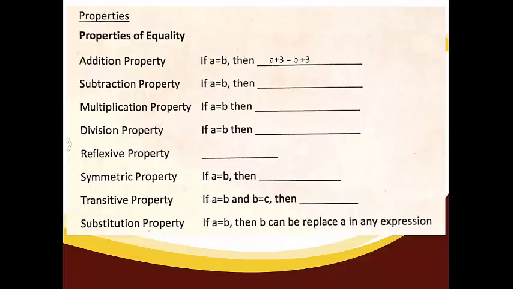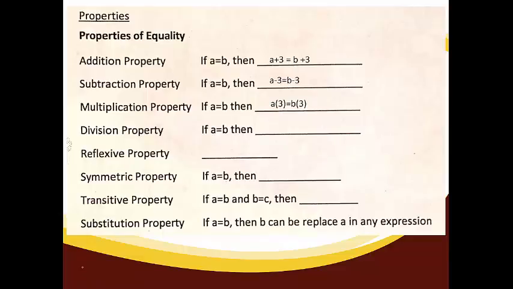So that we can kind of visualize what's going to happen with the other properties here. So subtraction property is the same idea, except it says if you subtract from one side, you must subtract from the other. And as long as you subtract the same number, you're going to stay balanced. Your equation is still going to be equal. And we have the multiplication property.